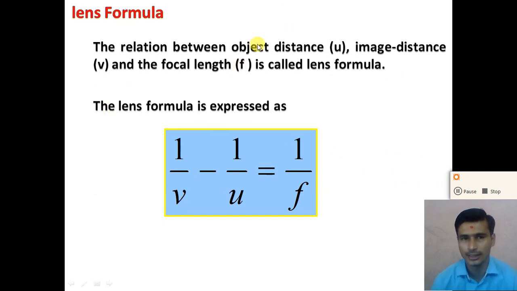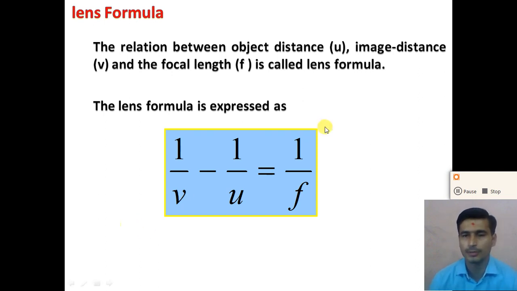The relation between the object distance u, image distance v, and the focal length f is called the lens formula. So we derive a relation between the object distance, image distance, and the focal length, and this relation is called the lens formula.